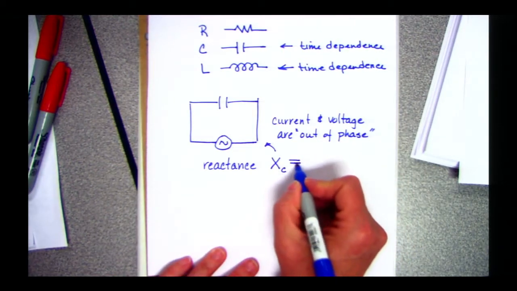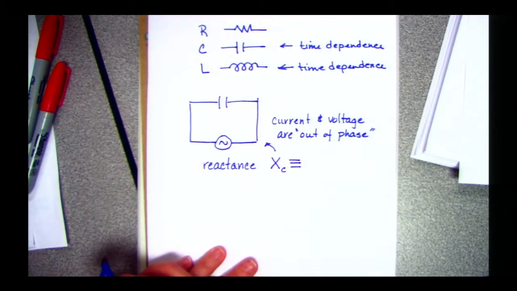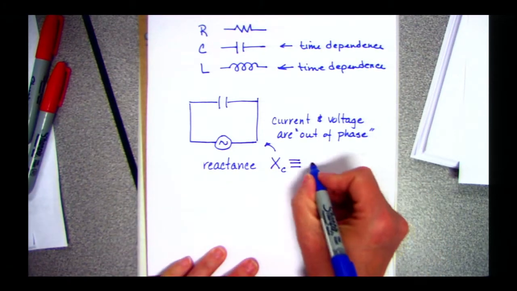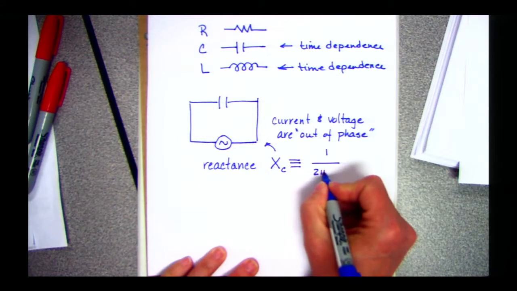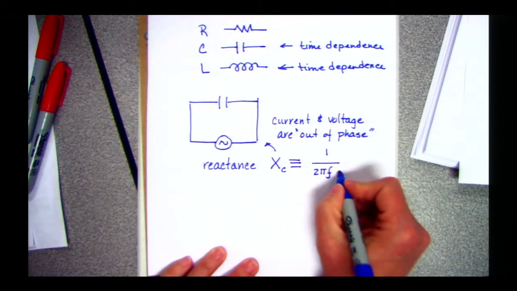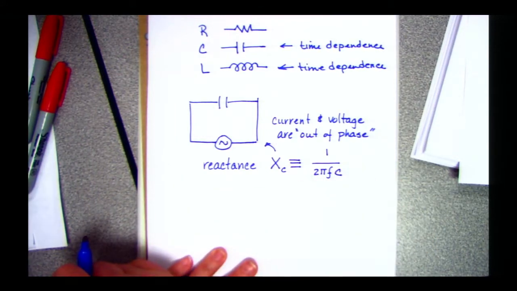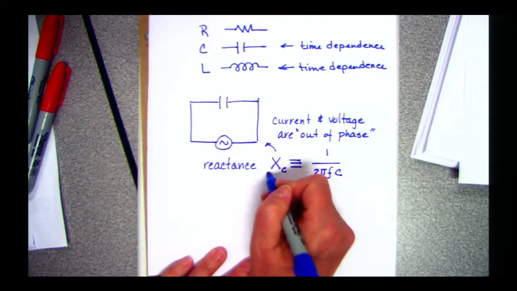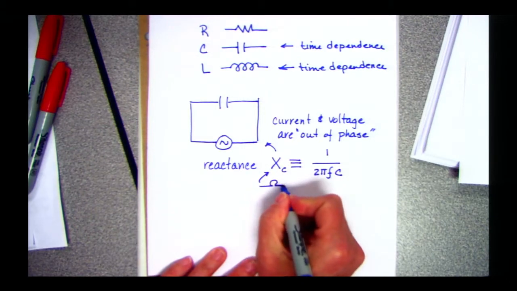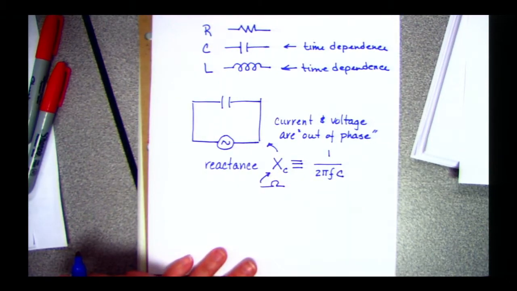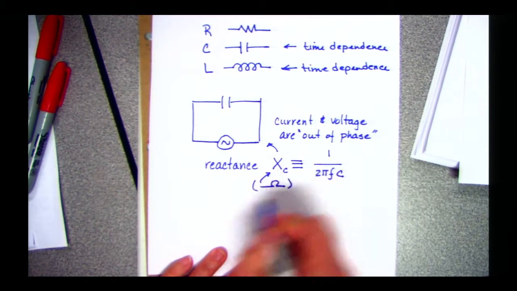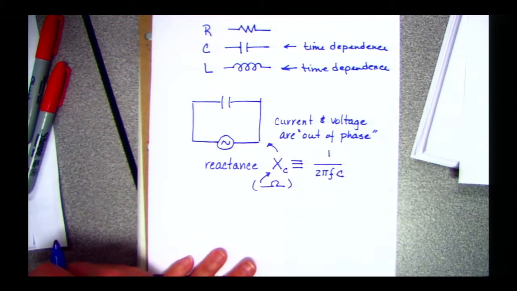And by definition, because we can play with it and look at that phase, we end up with 1 over 2 pi times the frequency times whatever my capacitance is. That's going to give us the reactance. And it turns out this reactance is going to be like a resistance in my circuit, so it's going to be in units of ohms. You can kind of think of this empirically, because basically that's what it is.